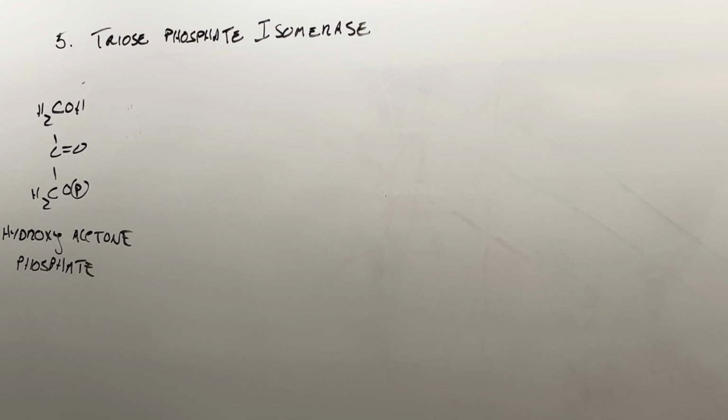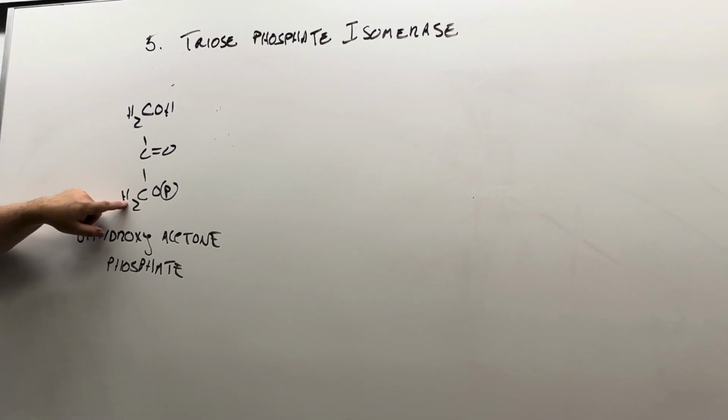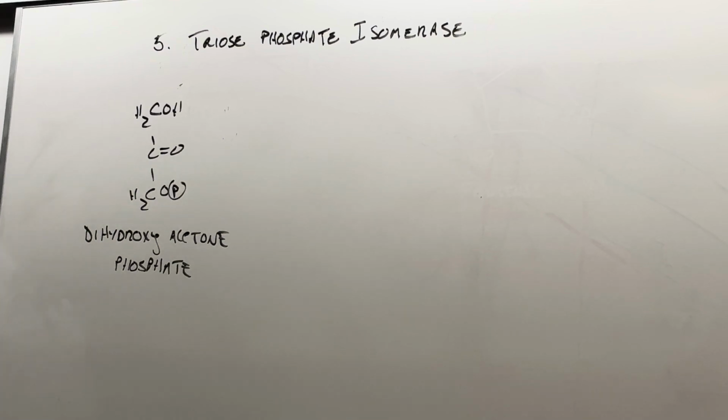Again, the name actually makes sense. If you remember the structure of acetone, that would be a methyl group, a keto group, and a methyl group. This is dihydroxyacetone, so there's a hydroxyl group here and a hydroxyl group here. And now this is dihydroxyacetone phosphate, because we also add a phosphate on there.